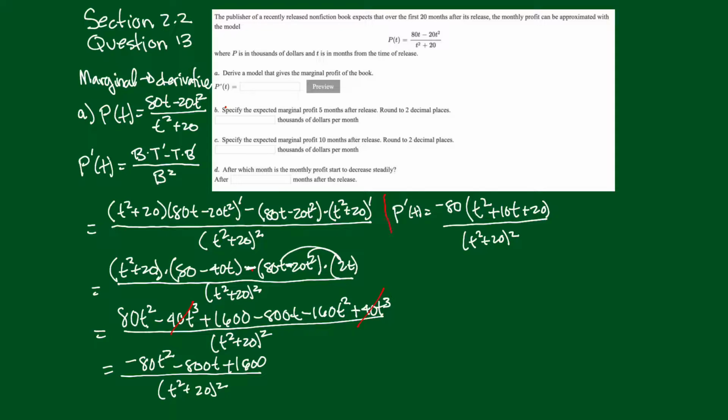So this is our answer to part A. We have derived a model that gives us the marginal profit of the book, marginal being the derivative.